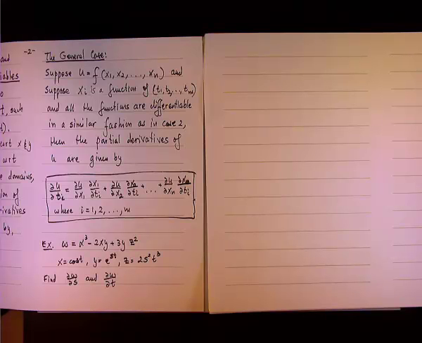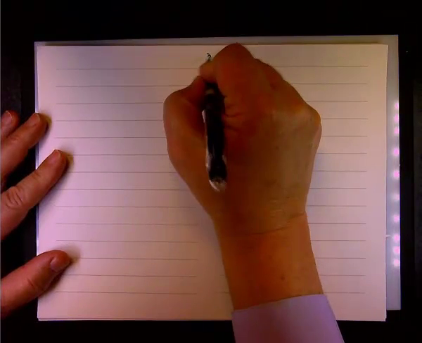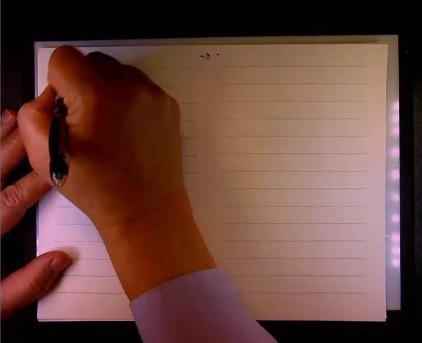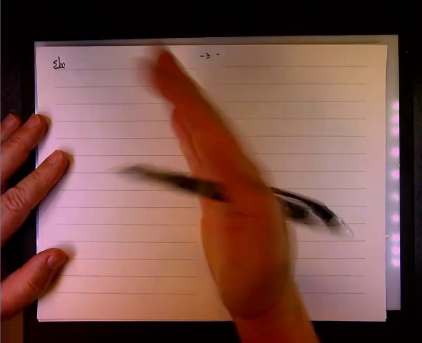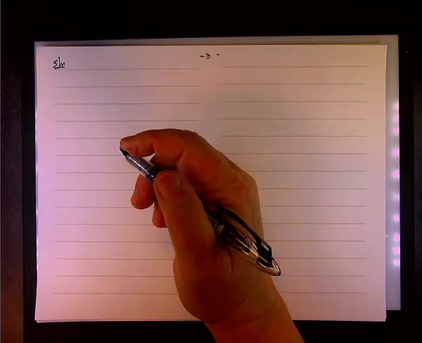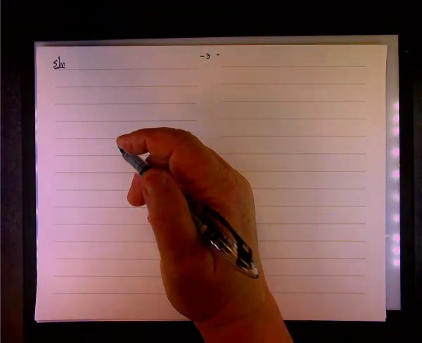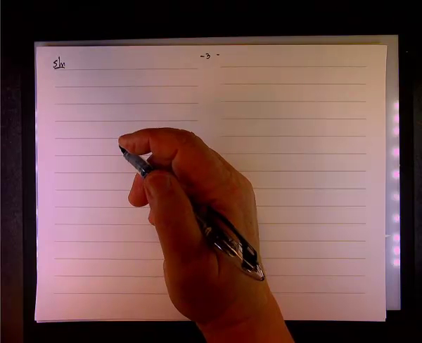And then del x del s, del x del t, and then del y del s, del y del t, del z del s, del z del t. So 3 partial derivatives with respect to the intermediate variables, and 6 more with respect to the independent variables. I'm sorry, I said intermediate derivative. I meant intermediate variables.